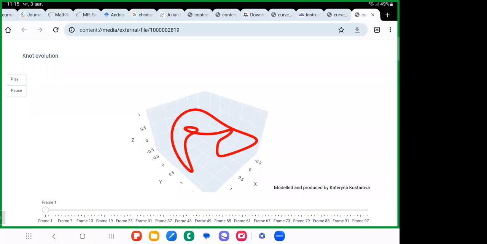By the way, this picture was produced by my student Katerina Kustareva, using the mathematical arguments of approximation of the Gaussian measure W, of approximation of the random field psi, and so on.